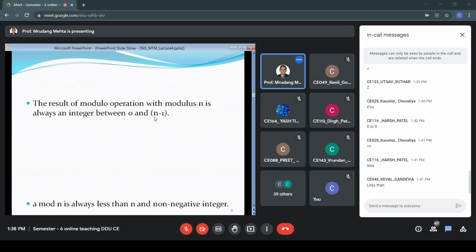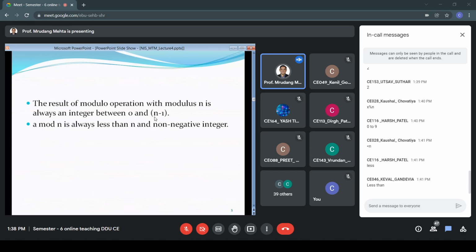Okay, fine. So it is less than n, and whether it is negative or non-negative. It is always a non-negative integer and it is less than n.